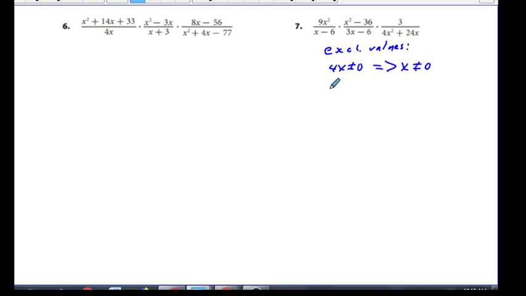I find that doing these excluded values first can be helpful because it helps us with our factoring. If x plus 3 cannot equal 0, x cannot equal negative 3. And then also we have x squared plus 4x minus 77 cannot equal 0. So what are the factors of x squared plus 4x minus 77?